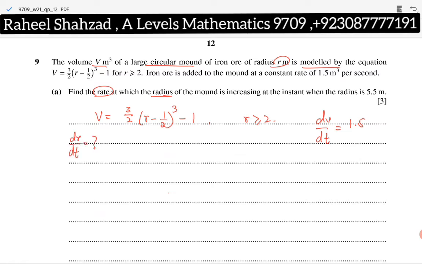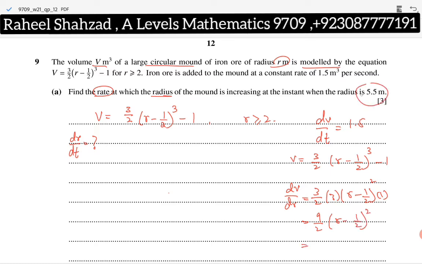In this case, when the radius is this, so first of all, if V is equal to 3 by 2 into (r minus 1 by 2) cube minus 1, first of all find dV by dr. That will be equal to 3 by 2, 3 (r minus 1 by 2) square into 1 minus 0. So that is equal to 9 divided by 2 (r minus 1 by 2) square.